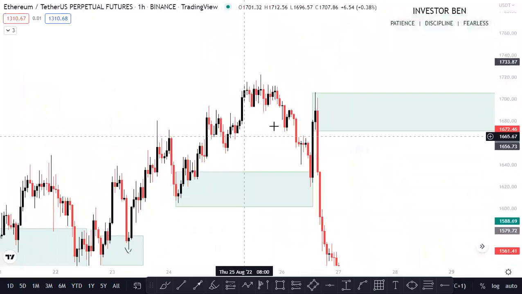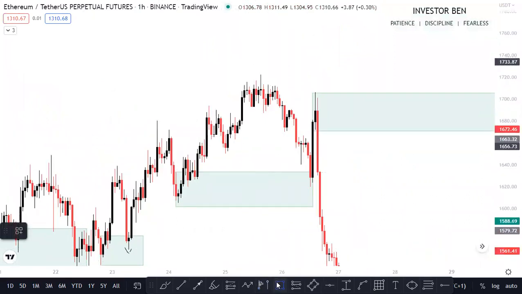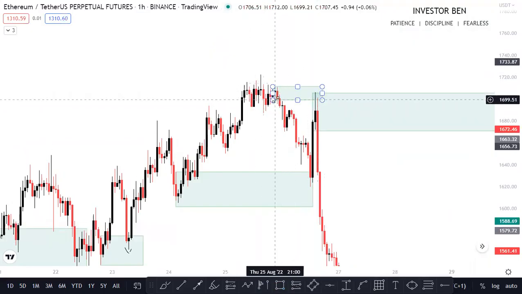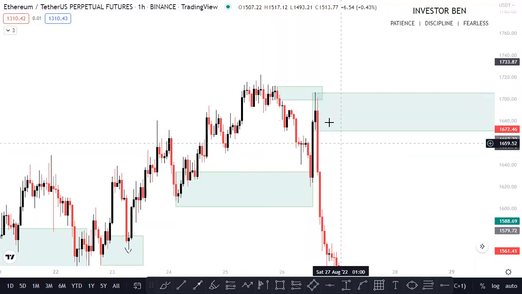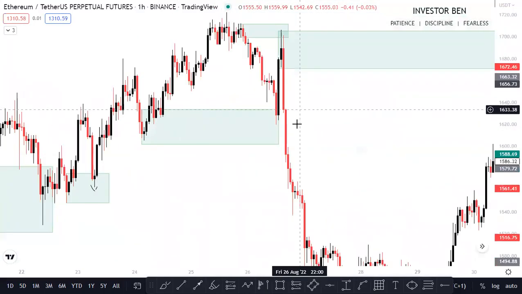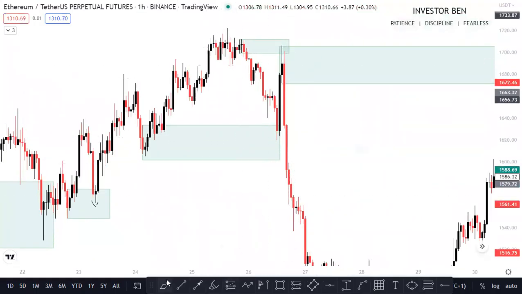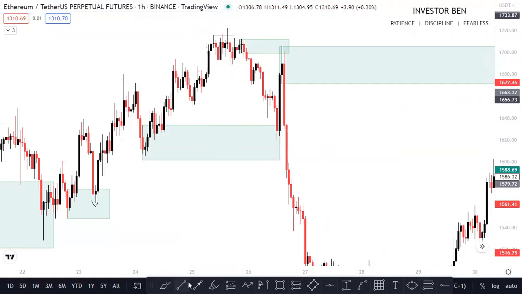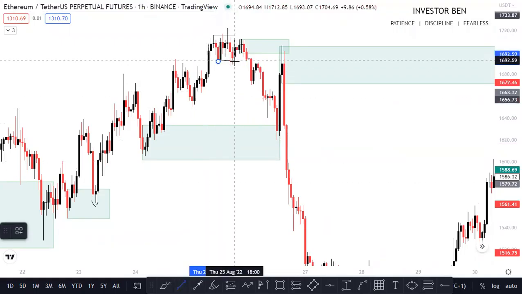Now for the bearish one, we had a bearish order block at this point. You need to see it being the last candle at the top before the sell occurred. So this is a bearish order block. The price tapped into it after this formed. We had a minor change of character here, I'll show you that well.